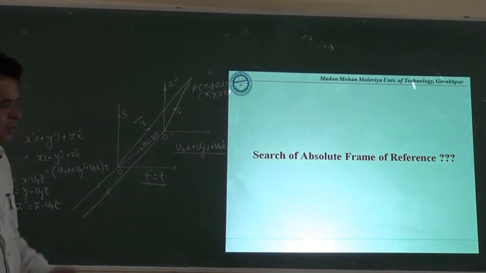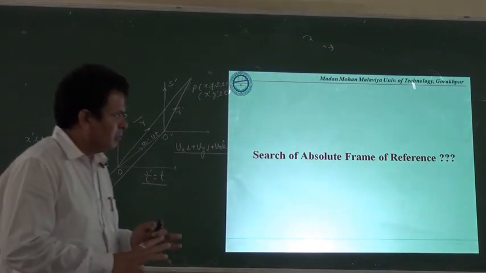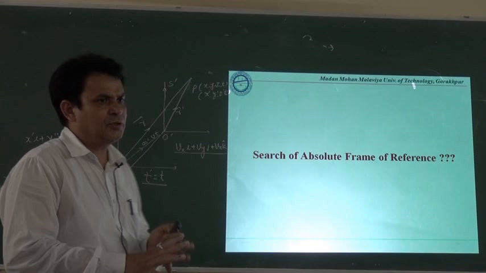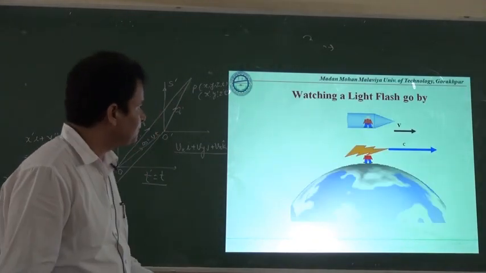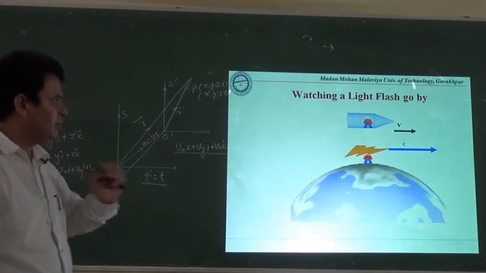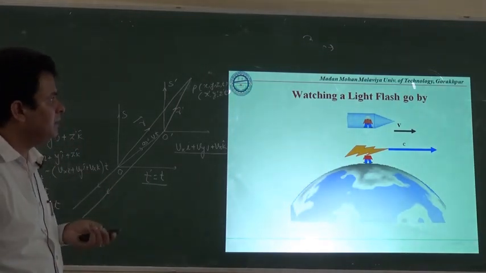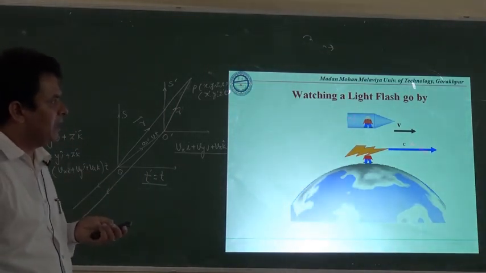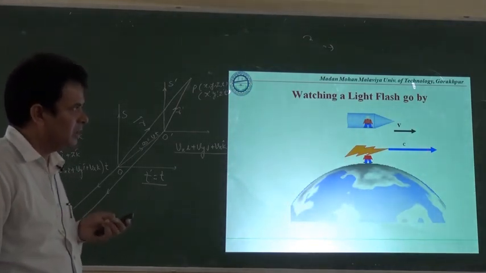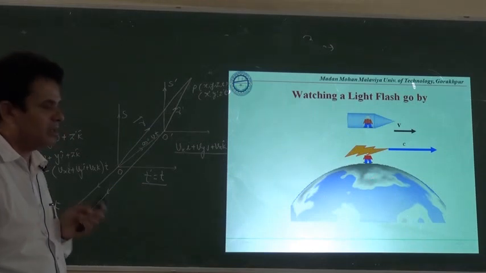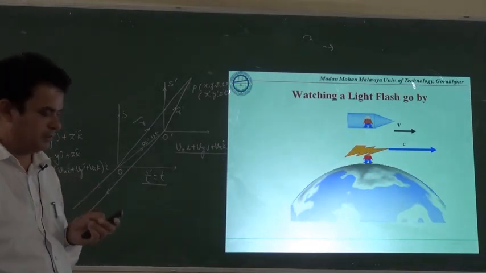Before that, let us see what happens if the absolute ether medium, or this frame of reference, is assumed. Let us look at this interesting picture. For example, this man is in a rocket, there is a light flash here, and one person is here on the surface of the Earth.